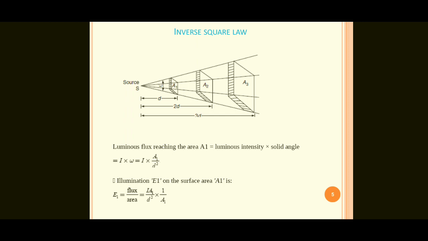Similarly, the illumination E1 on the surface area A1 is flux per area. So I into A1 by d square, into 1 by A1.